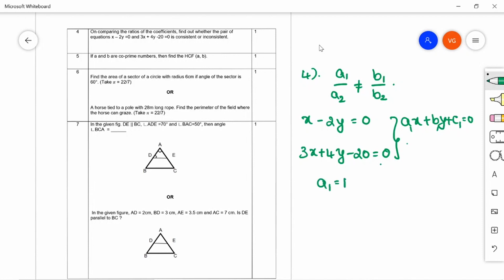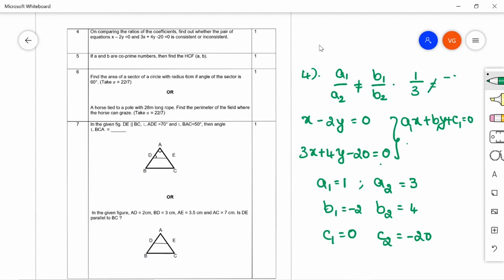We get a1 is equal to 1 and a2 is equal to 3. b1 is equal to minus 2, b2 is equal to 4, then c1 is equal to 0, c2 is equal to minus 20.